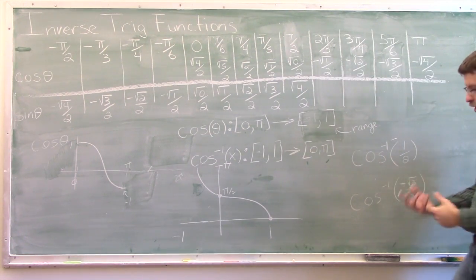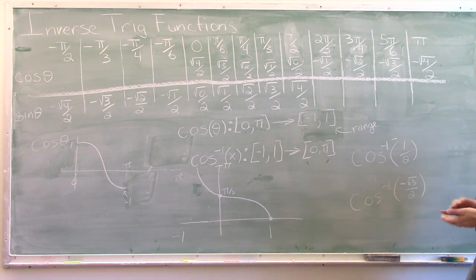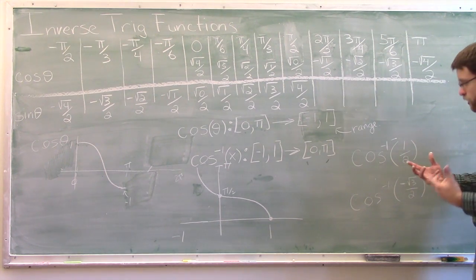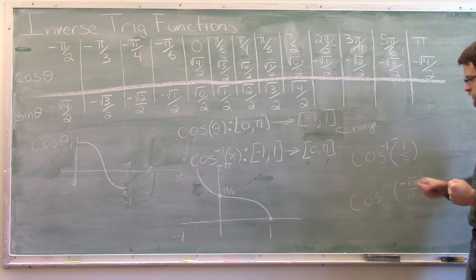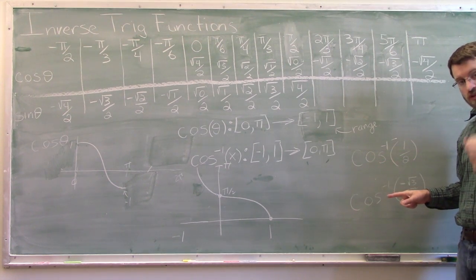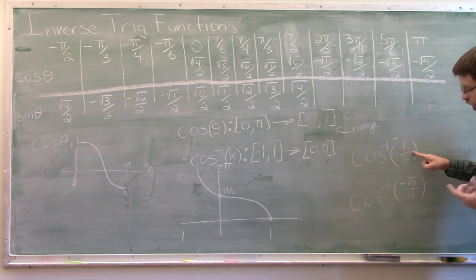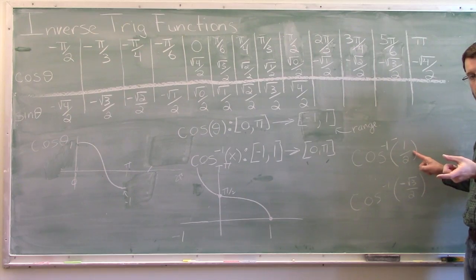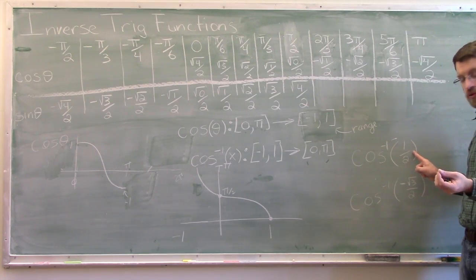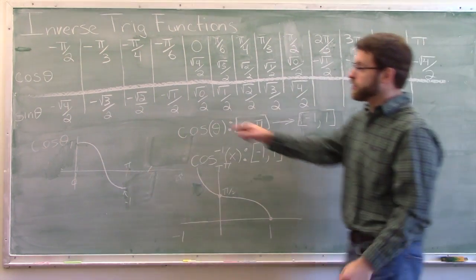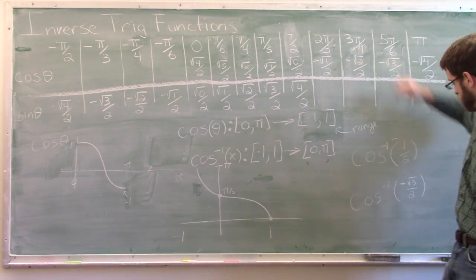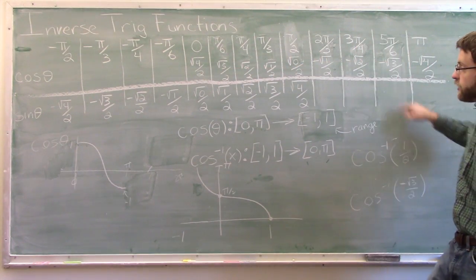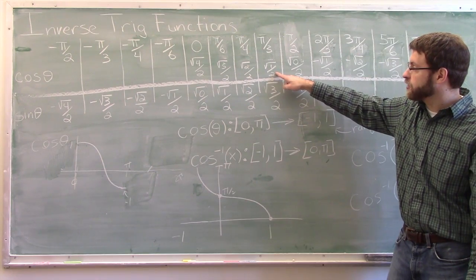Okay, so those are two possible computations that you might make with the inverse cosine function. So the way that we can use a table to get those values is by saying, okay, I want to compute a cosine inverse. So the argument to cosine inverse is an output of the cosine function. So what I do is I look on the row with cosine to find that output value. And I see it right here.